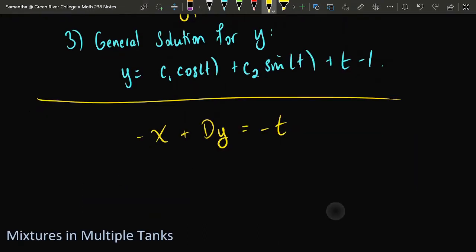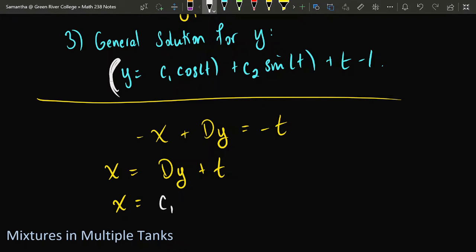So in other words, x itself, after some rearranging, is the same thing as the derivative of y with respect to time plus t. Now if I take the derivative of the function that I found in the previous step, I get c1 negative times sine t plus c2 cosine t plus 1.